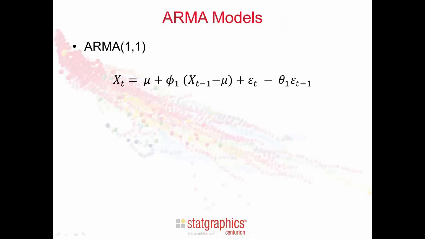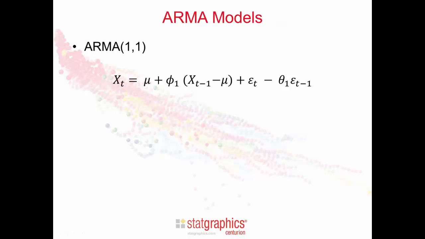We can also put AR terms together with MA terms, and in that case represent x_t as, for example, a mean plus an autoregressive component plus an error plus a moving average component.